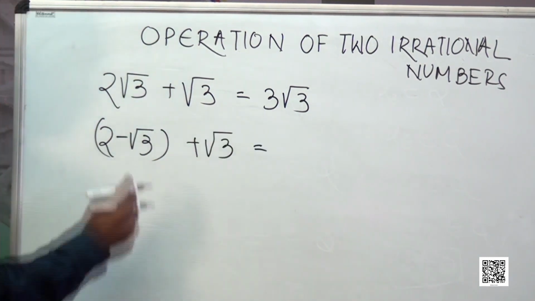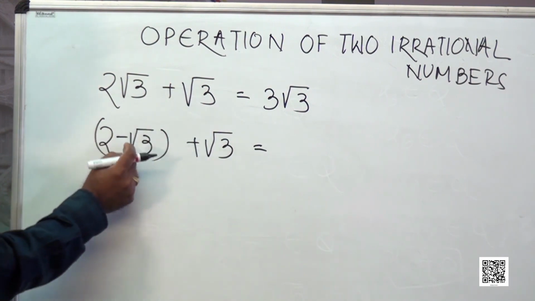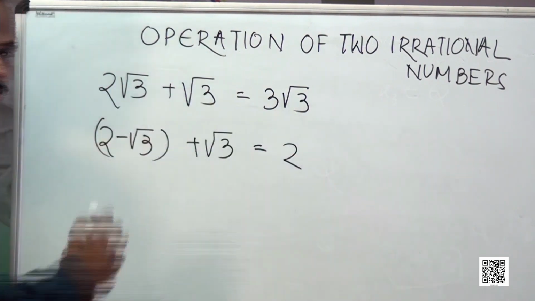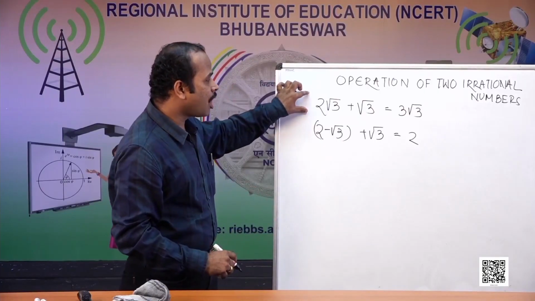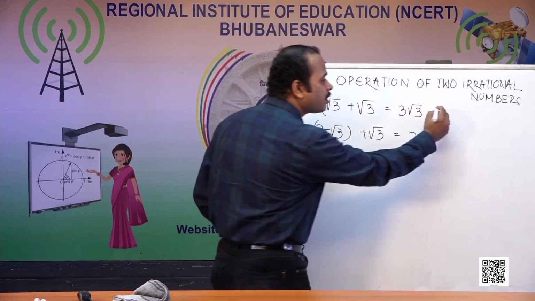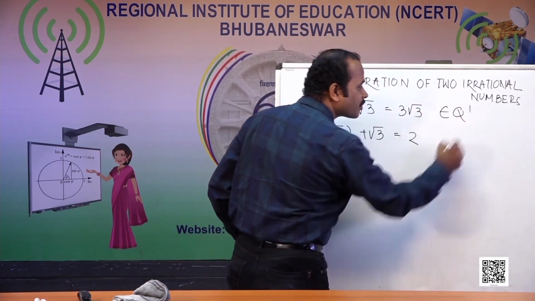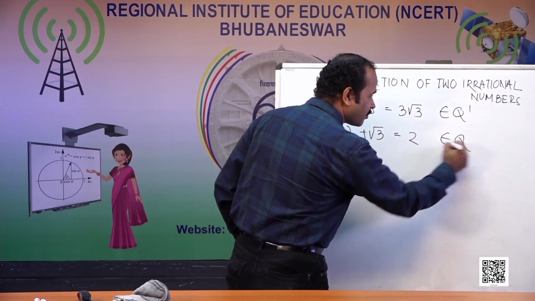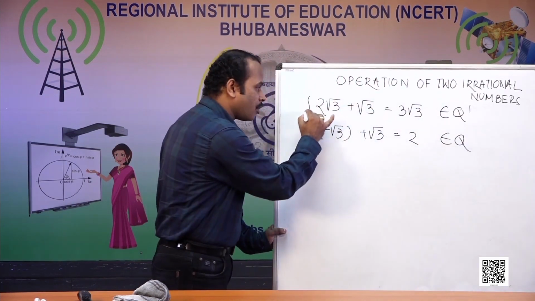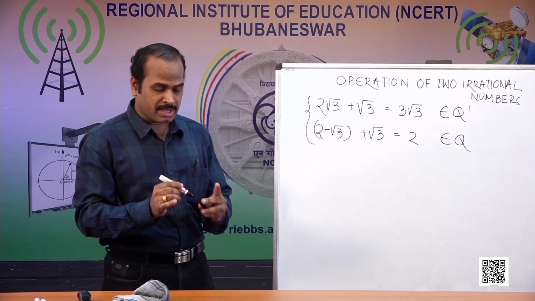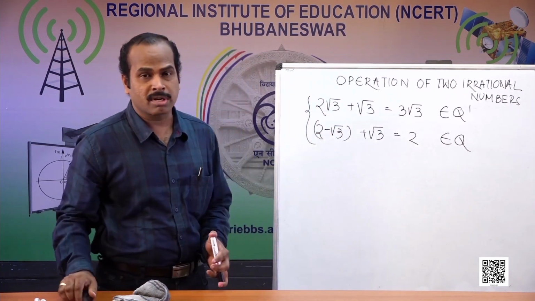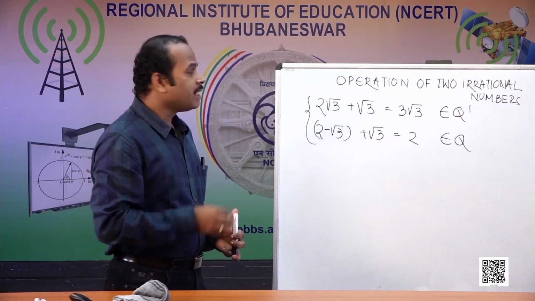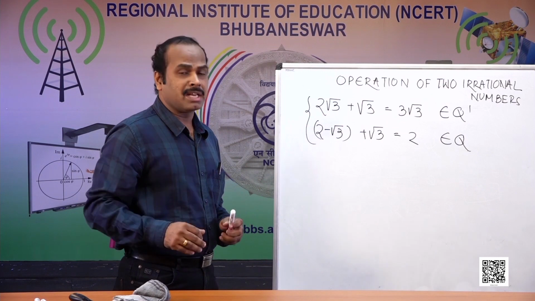When I open the bracket, minus root 3 plus root 3 cancel and the answer becomes 2. So in the sum of two irrational numbers, here I got an irrational number, and here I got a rational number. We cannot say, when we add two irrational numbers, whether the result will be rational or irrational. It may be rational, it may be irrational; it depends upon the numbers we are adding.